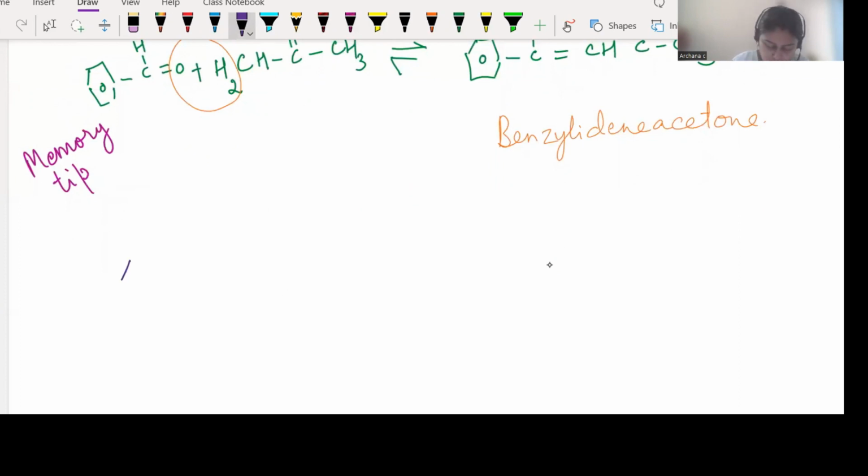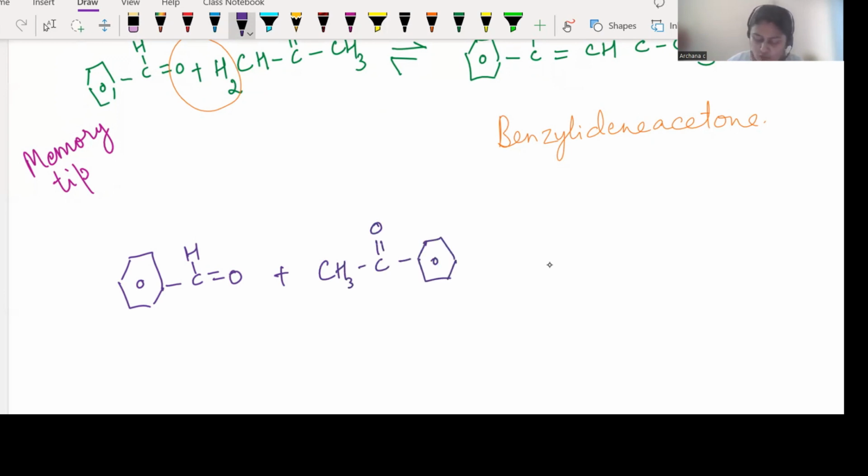So I give you another compound, C6H5, again benzaldehyde. Now instead of ketone, I have this compound. Again, note here, apart from having the aromatic nucleus, it has this alpha hydrogen. Alpha hydrogen means the position adjacent to the carbon atom should have hydrogen. So this is 1 and the adjacent position is known as alpha. So again, alkali.